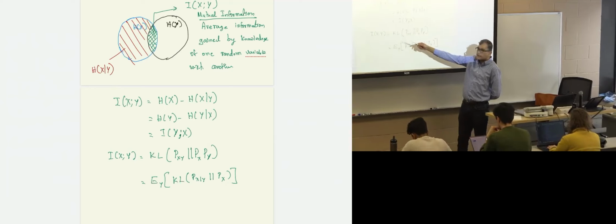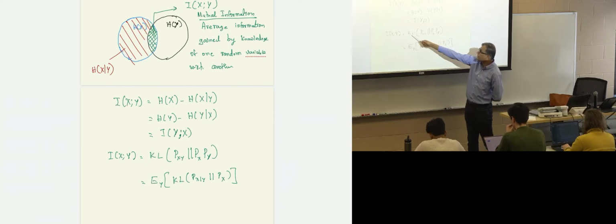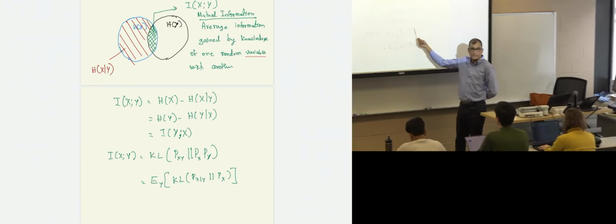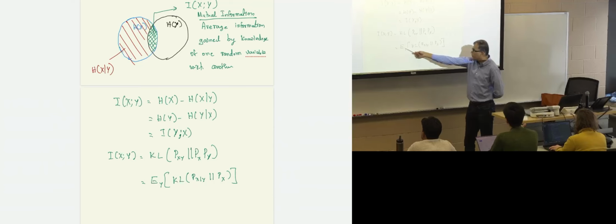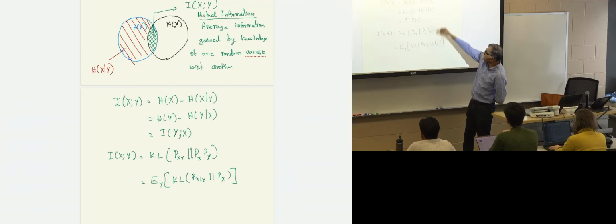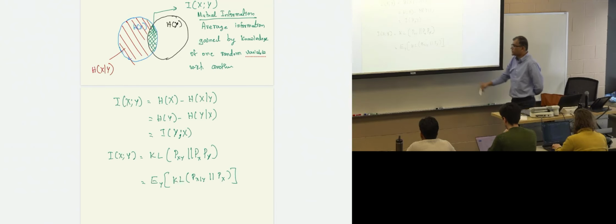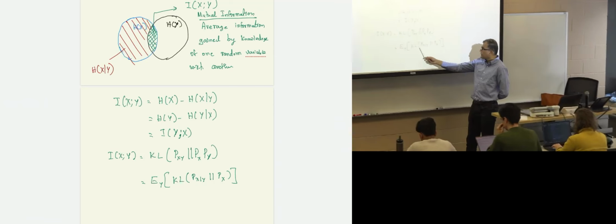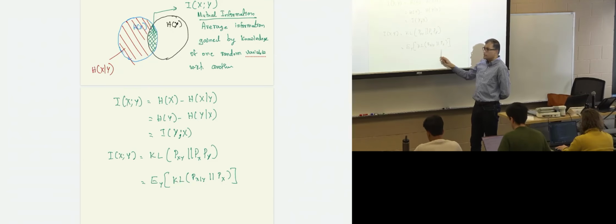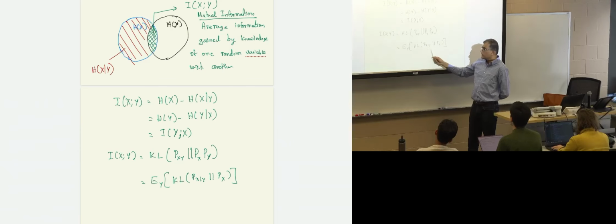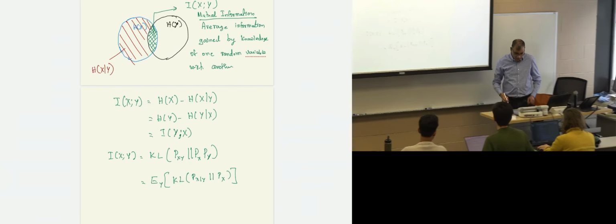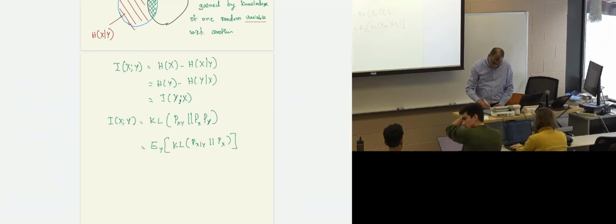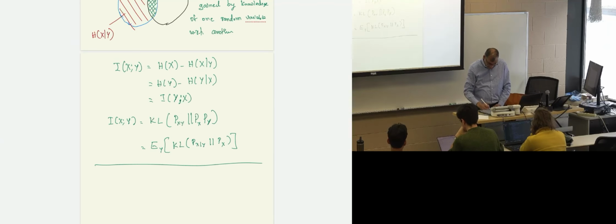I gave you the expression for what the KL is in terms of two distributions, and you know what an expectation is, so the expression carries over. This is another way of writing it, and to me, this is much more intuitive. Let's think about it in an experimental setting.